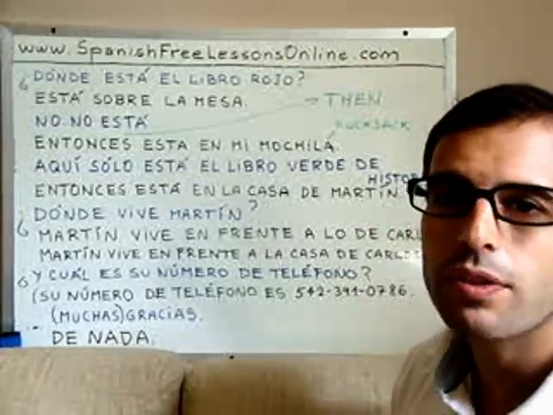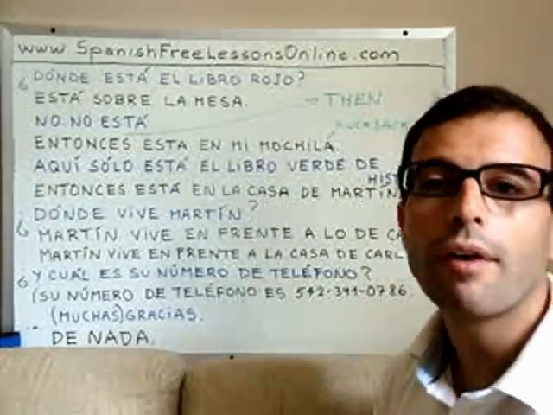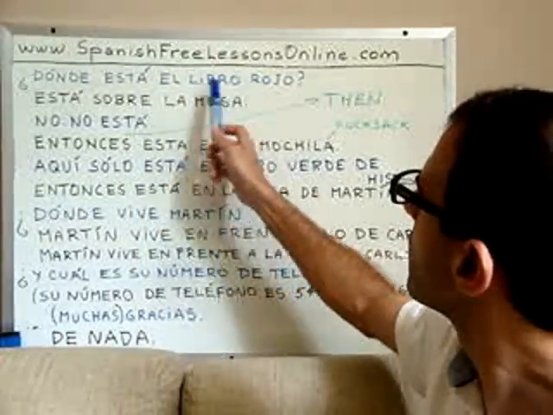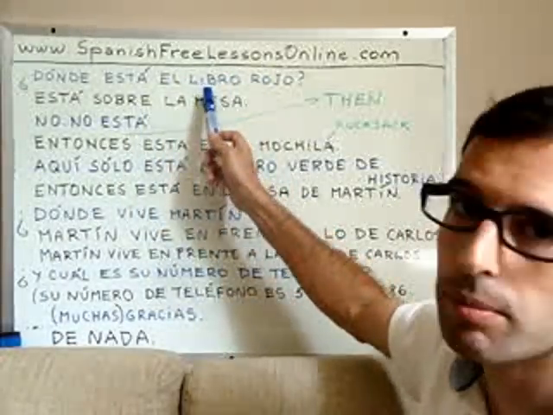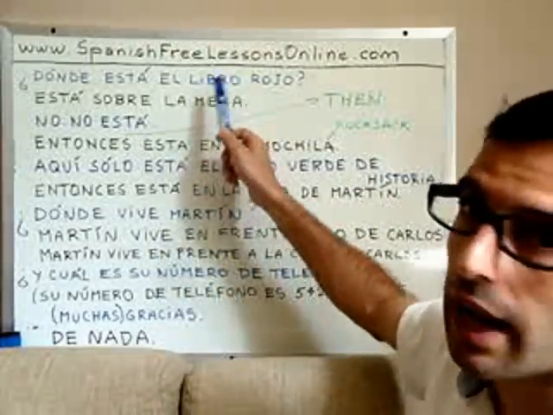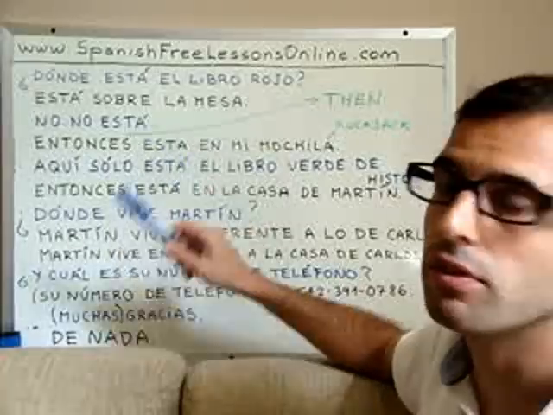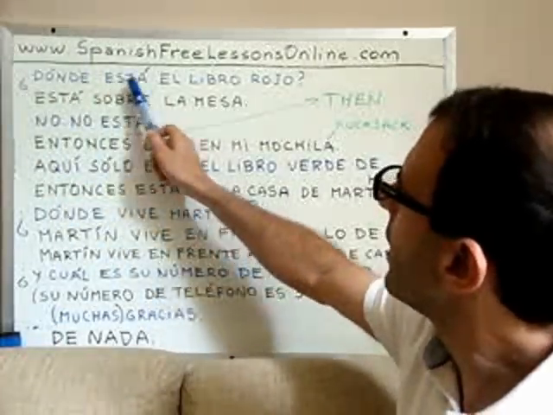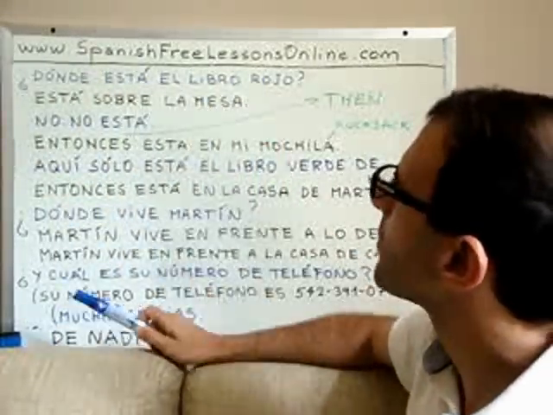So in Spanish the adjective goes after the noun, right? This is a typical example of how first comes the noun and afterwards comes the adjective in Spanish. Okay, ¿dónde está el libro rojo?